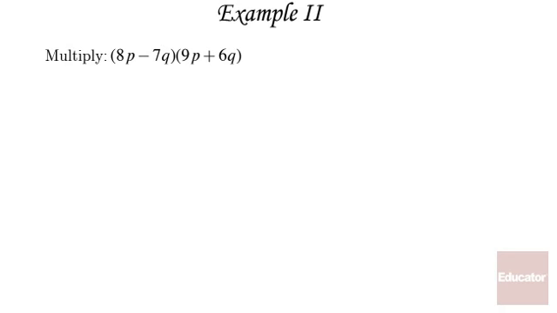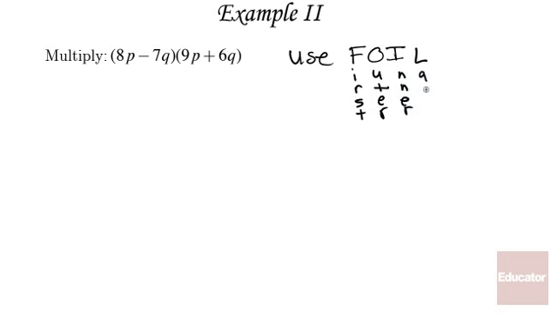Example 3. Again, I have two binomials, so I'm going to use FOIL. And just to remind you, this stands for first, outer, inner, and last as a method of remembering which terms to multiply and making sure that all combinations are used.